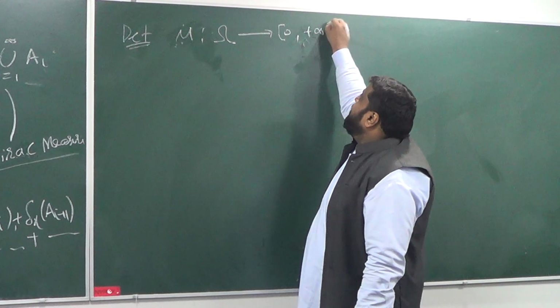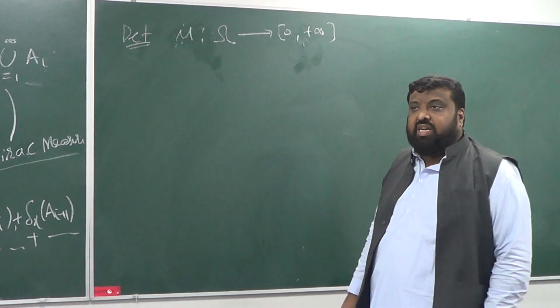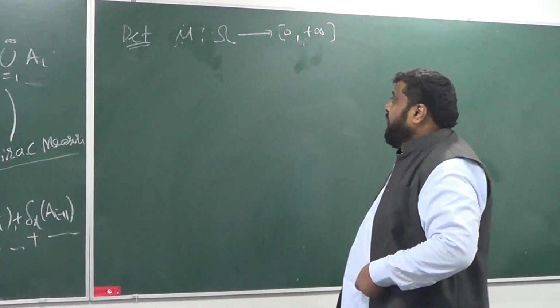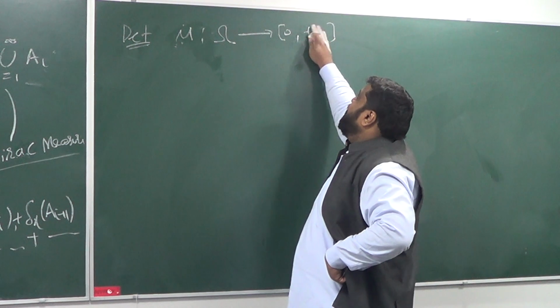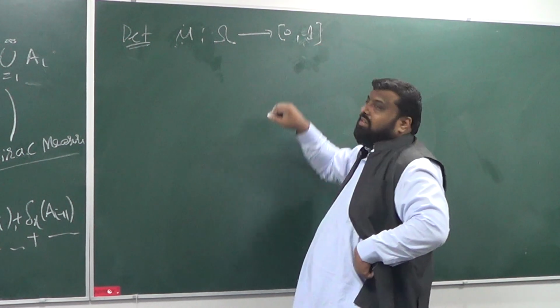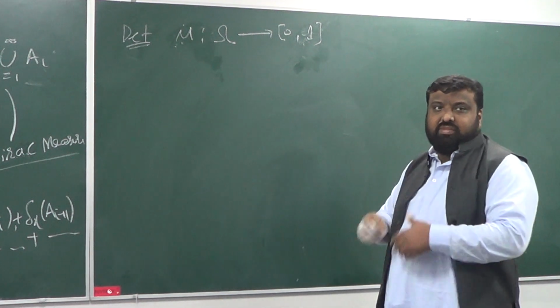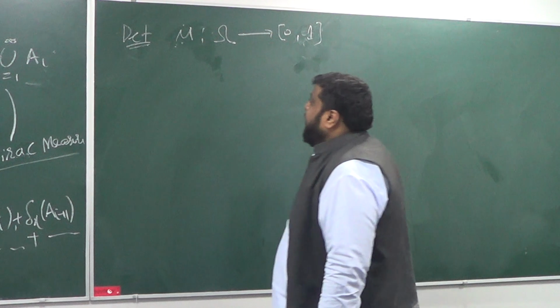So I have mu from omega into 0 to plus infinity, where omega is some sample space. If I were more rigorous, it would be 0 to 1, not 0 to plus infinity. The 0 to 1 is a part of 0 to plus infinity, so we are fine.